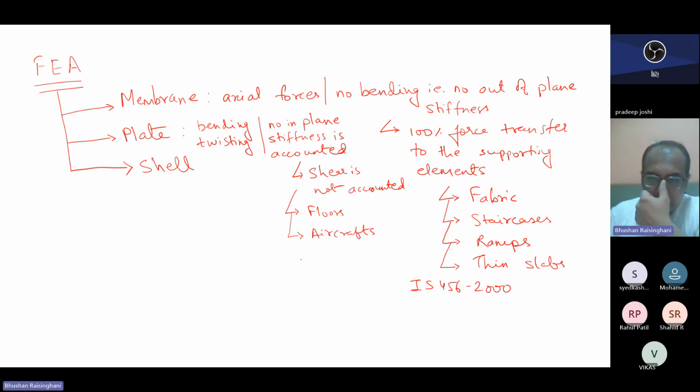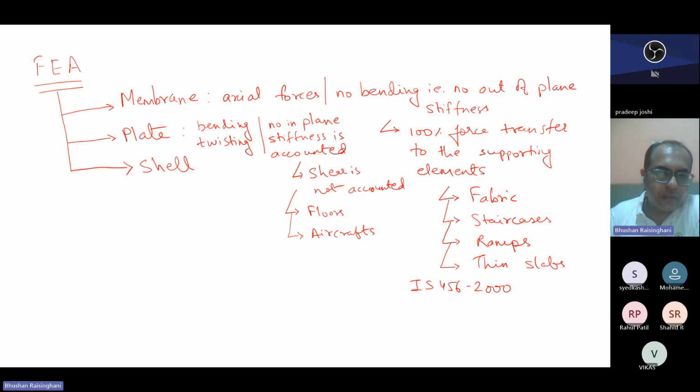Yeah, aircraft are there, then shells are there. So all these types can be modeled as the plate element, which has very low thickness. So shear will not dominate. Mostly the flexure action will dominate. So in all those cases, it is taken as the plate element, and the out of plane bending is considered for the analysis or the design. So that would be the example of the plate element.